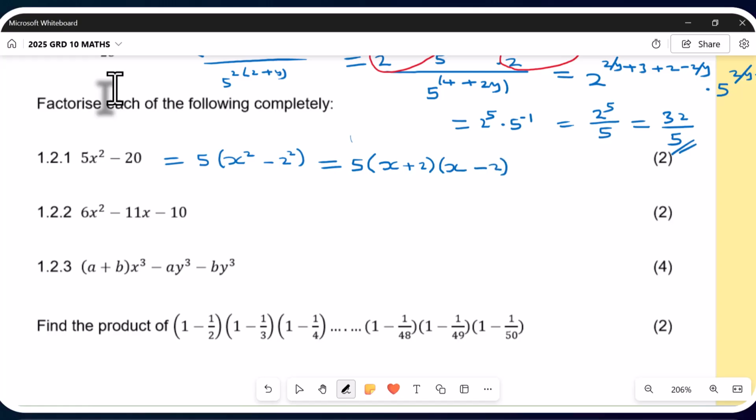Before you get the brackets here, we are going to use the cross method. We say 6 times 1. You see this constant is negative 10. So we have negative 10 times 1.